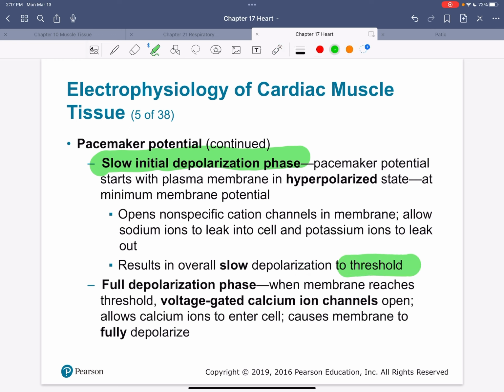There's a threshold in these cells. And when I hit threshold, that is when voltage-gated channels will open. And what type of channels are these? Calcium ion channels open. And this allows calcium to enter the cell. And this is what leads to the full depolarization.